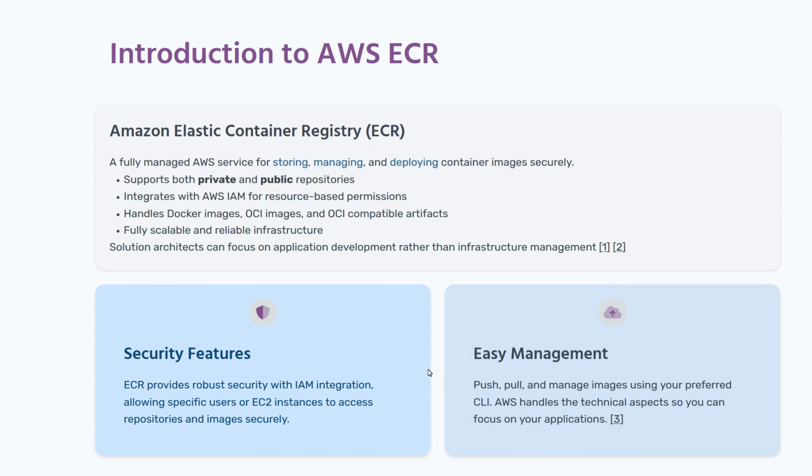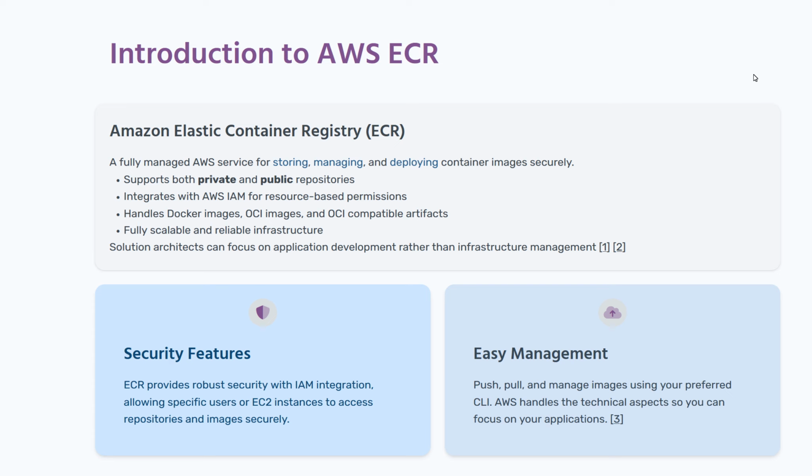All right, so introduction to AWS ECR. So, what is this Elastic Container Registry? Amazon Elastic Container Registry is a fully managed AWS service for storing, managing, and deploying container images securely. It's an image container repository, right?